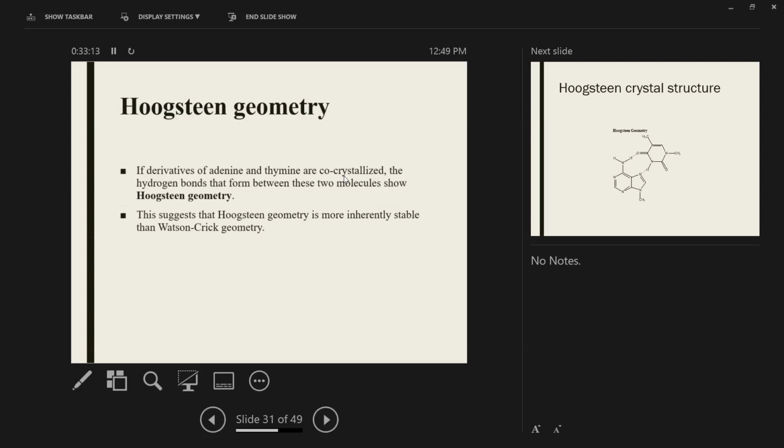This is called Hoogsteen geometry, after the chemist who crystallized it, and the Hoogsteen geometry is inherently more stable than the Watson-Crick geometry. Why then don't bases in DNA use Hoogsteen geometry? Because of the restraints put on them by being in a double helix. You use what's available to you.